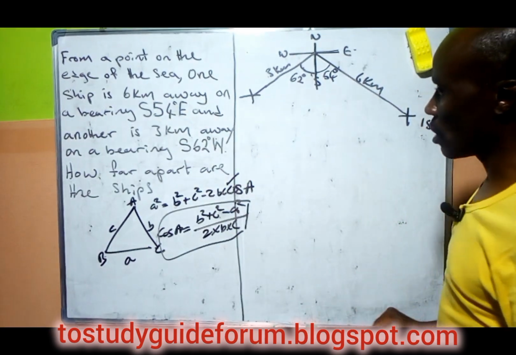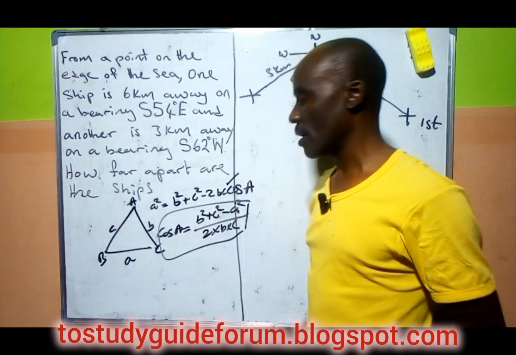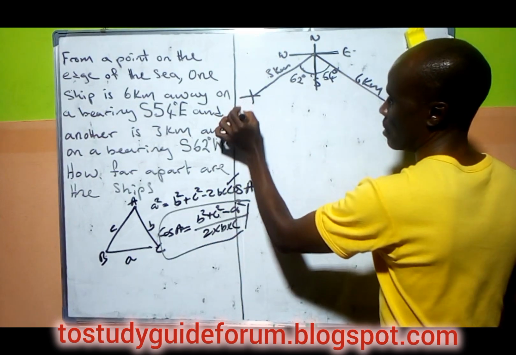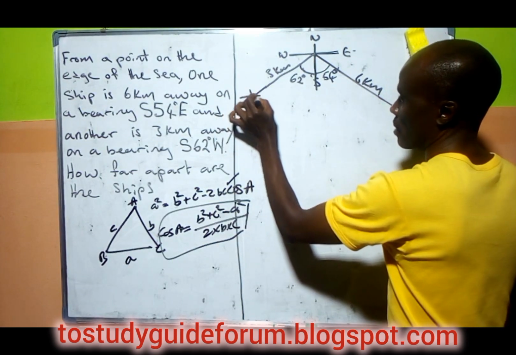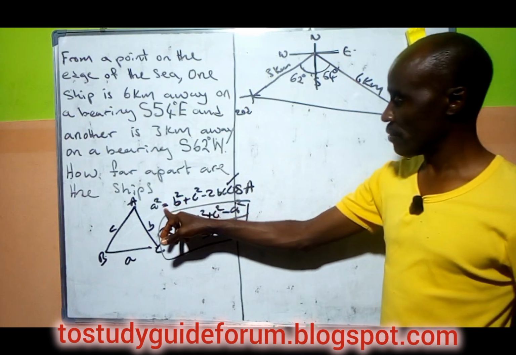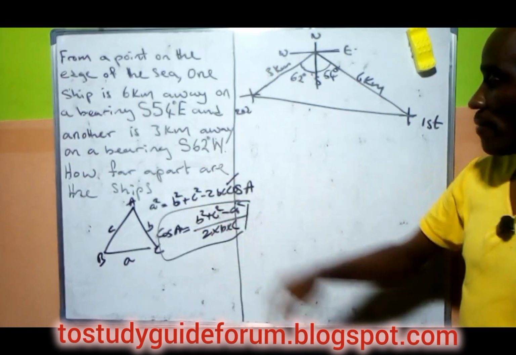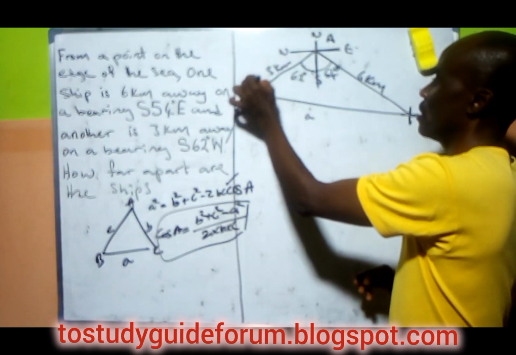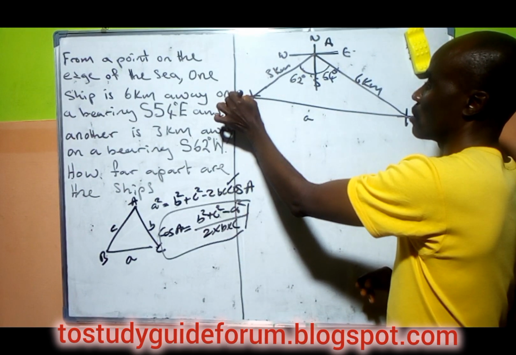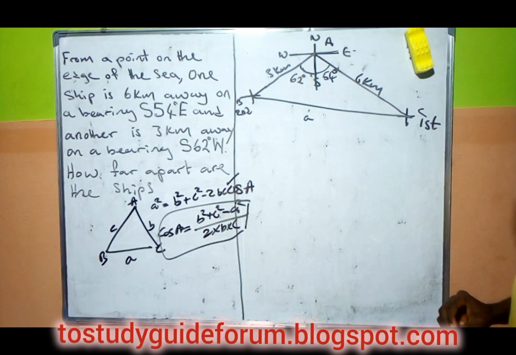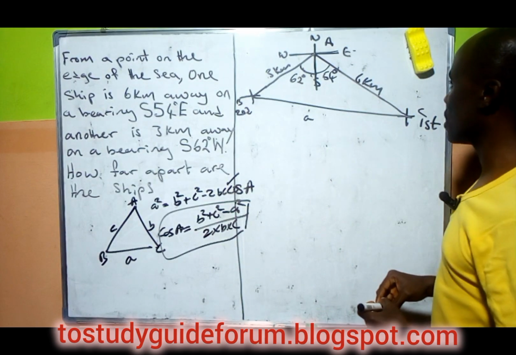So the question said, how far apart are the ships? This is the second one, and the distance here is what we're looking for. So that's why I said that we're going to be using this very one. Based on what we have here, we can call this place our capital A, this one B, and here will be our C. So each of these sides are represented there.